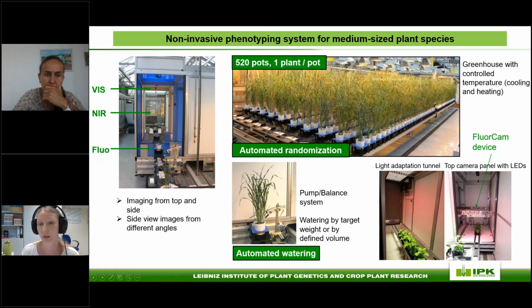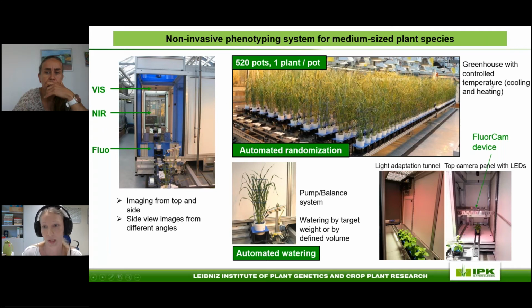It's 10 individual lanes, which can also randomize plants by exchanging plants from one lane to the other, and we can perform experiments definitely up to the flowering stage, but also beyond. So depending on your research question and the duration of experiments, you can screen plants even for the full life cycle, which we have done in 2019 in one experiment for the first time.